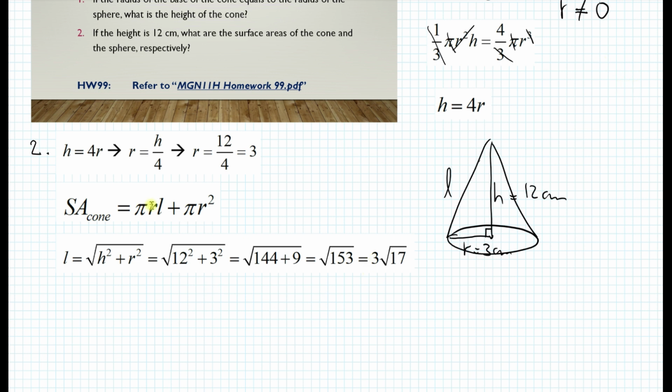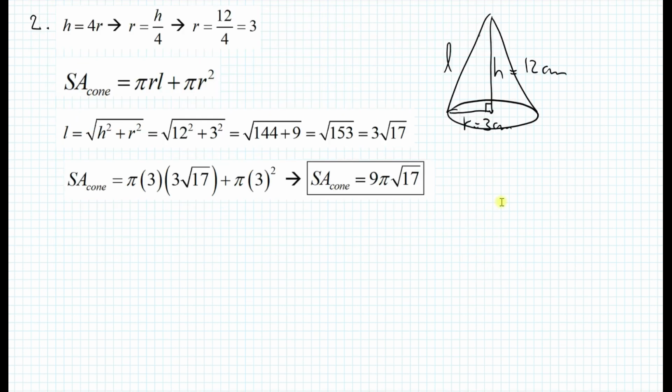Now we have r, we have l. We can just substitute back into the surface area equation of the cone. So the surface area of the cone is 9 pi radical 17 centimeters squared.